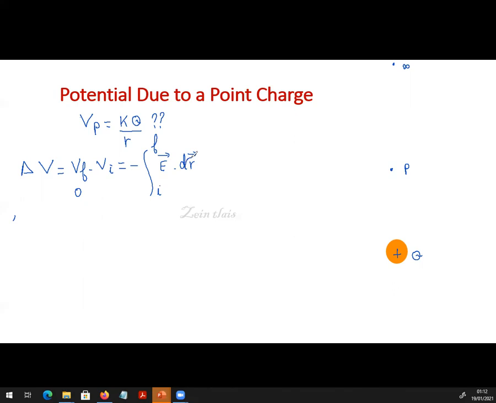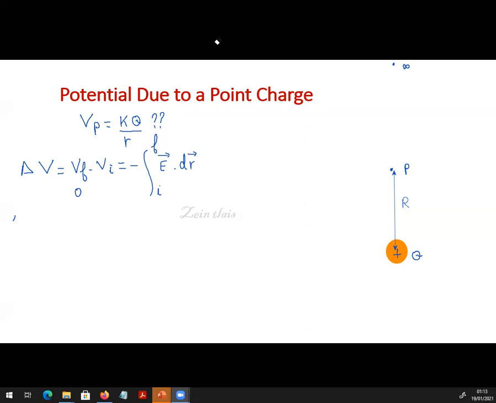Here I am talking about the distance. So let's take P at a distance equal to capital R. So dr, or r, goes from the initial position capital R to the final position infinity.